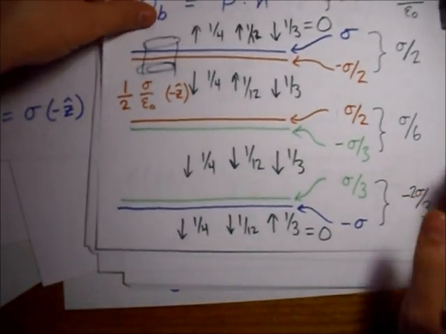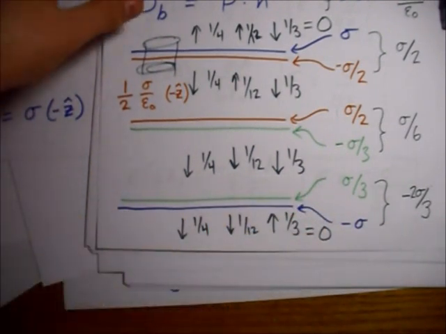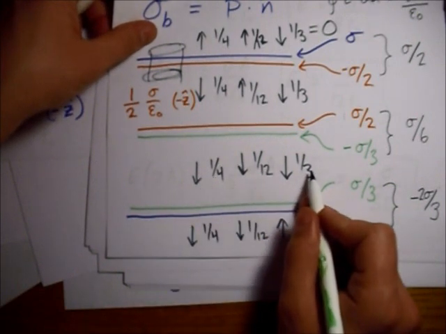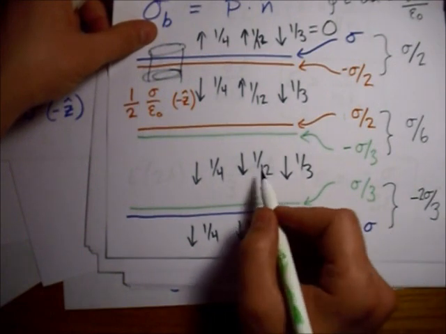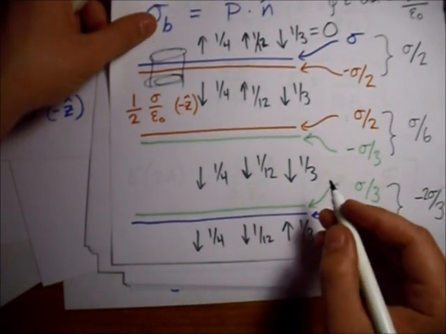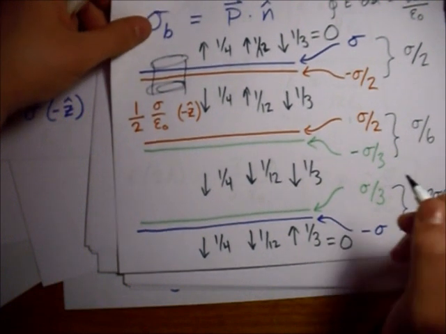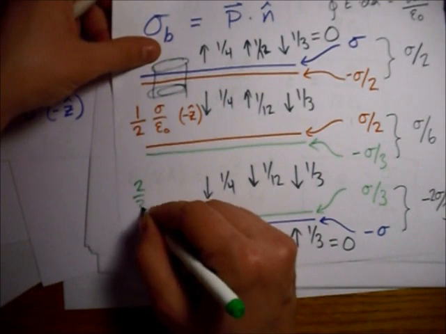Okay. This one, they're all going down. So the 1/4 and the 1/3 again, what does that give us? That gives us 7/12. One more gives us 8/12, which is what? 2/3. Okay. So we have a 2/3.